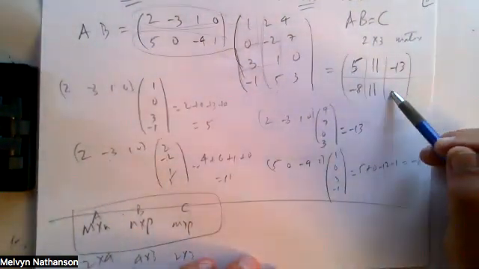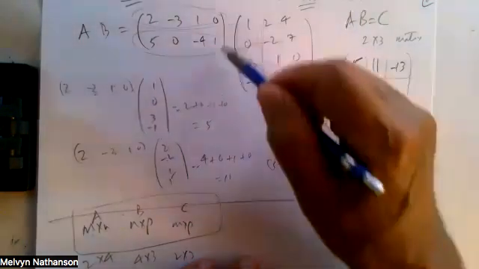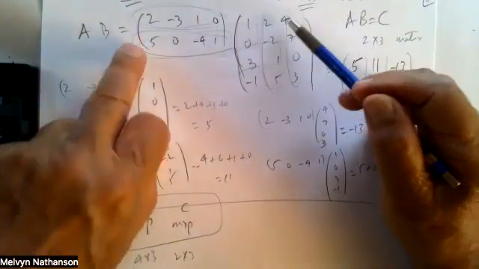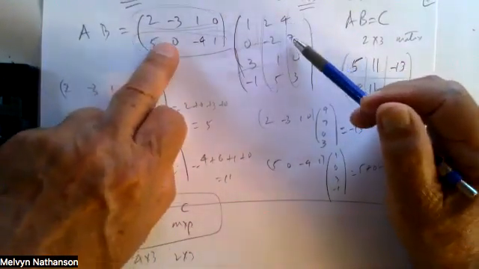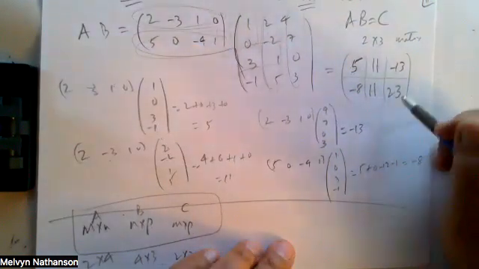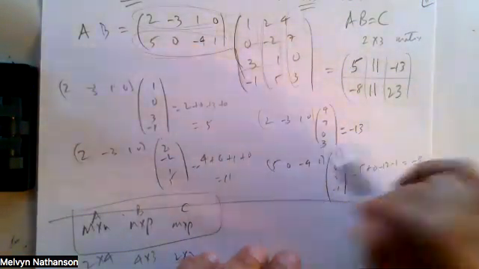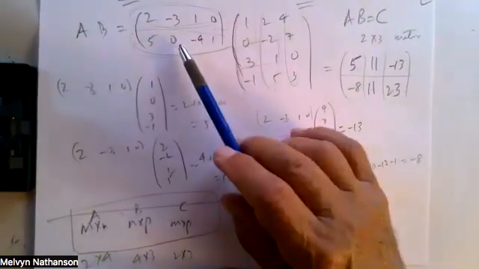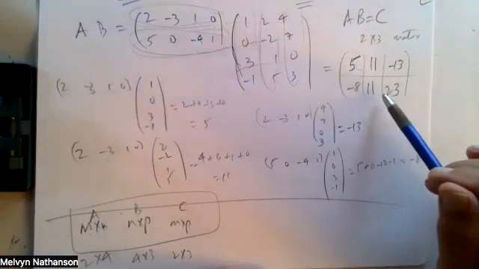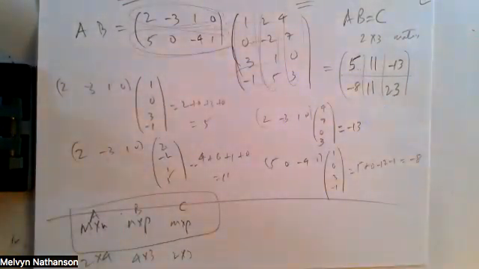And to get the second row, third column coordinate, it's the second row into the third column. This is 20 plus 0 plus 0 plus 3 is 23. So if I multiply this 2 by 4 matrix times this 4 by 3 matrix, I get this 2 by 3 matrix.